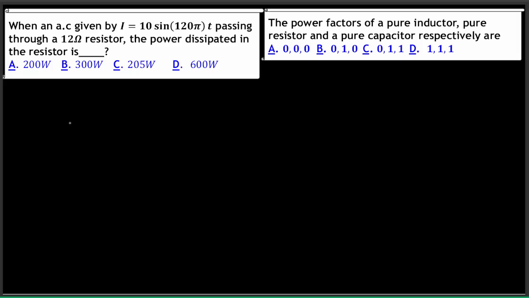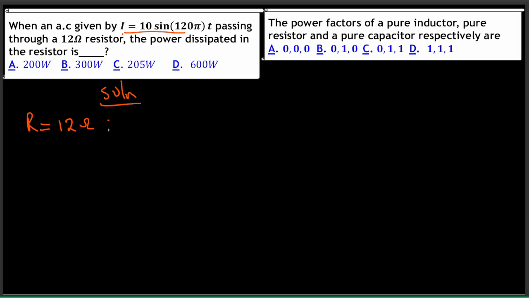Okay, so let's look at these two questions. When an AC given by this is passing through a 12 ohm resistor, the power dissipated in the resistor is what? Okay, so now we are given that the resistance value is 12 ohms.